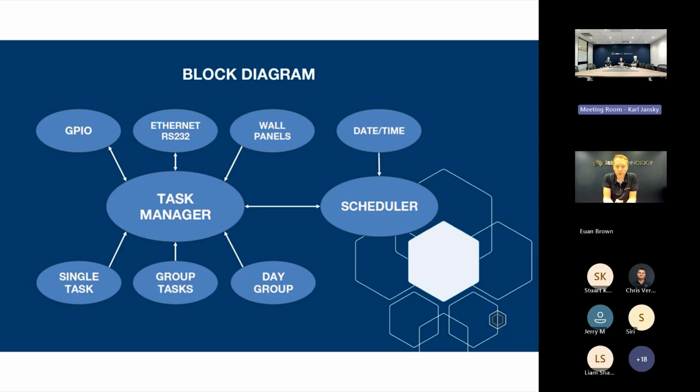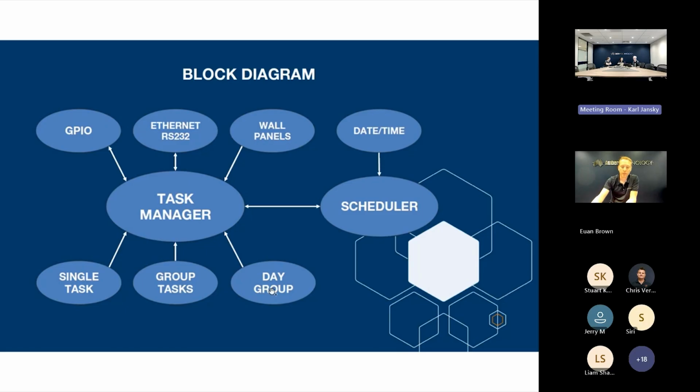So the very first thing to understand with the scheduler is that it's actually only one component of what is inside the Zonemix product. Ultimately, the main section is the task manager that sits within the product. So as I was mentioning before, you would come in and you would make single tasks. So that could be a volume change, it could be a message playback, but you're making those single tasks. You could then group them together to cascade different actions together.